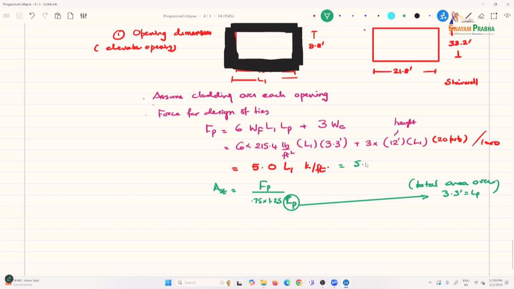I think this is 5,000 kips per foot, right? So, you need to convert it into inches. Be consistent in the units. You need Lp here. So, this will give you so many square inches per foot.